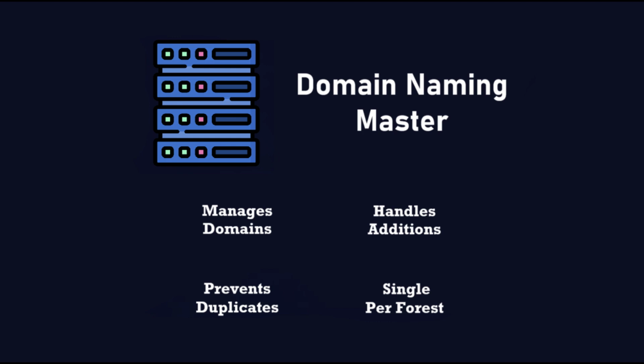It also handles additions: whenever an administrator attempts to rename a domain or add a new one, the domain naming master is responsible for verifying and processing these changes. It ensures that all modifications adhere to the rules and policies of the Active Directory forest, preventing misconfigurations. It's really important too.